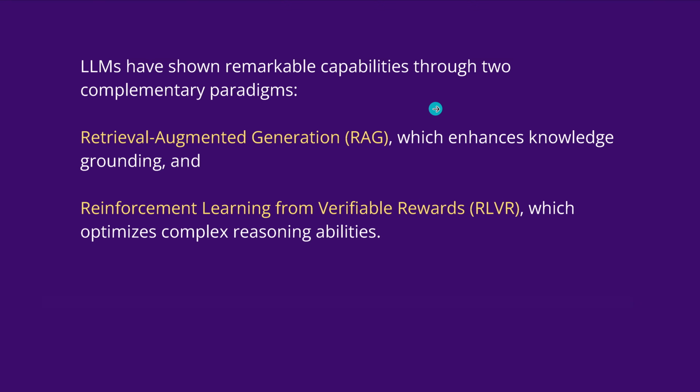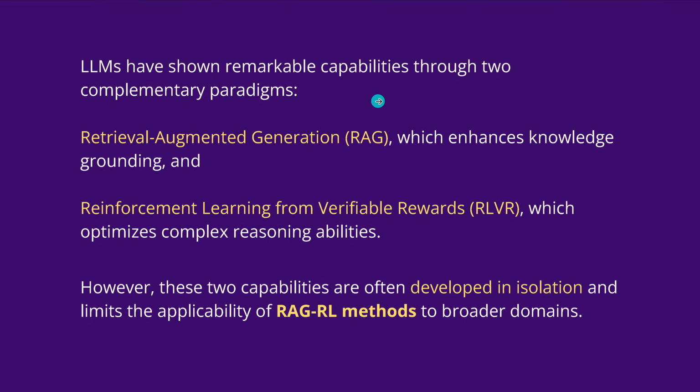Let's start easy. The authors of the study tell us, hey, LLMs are great, no? Whatever RAG system you have, whatever reinforcement learning method you use, it just works great. However, please notice, those two elements are developed in isolation. But imagine if we could bring them together.